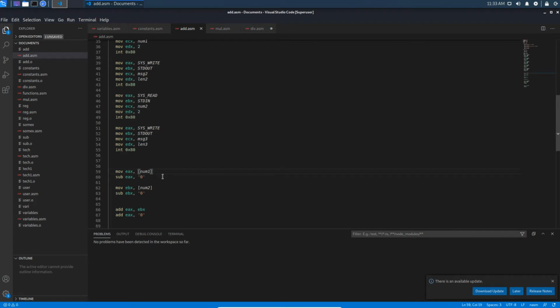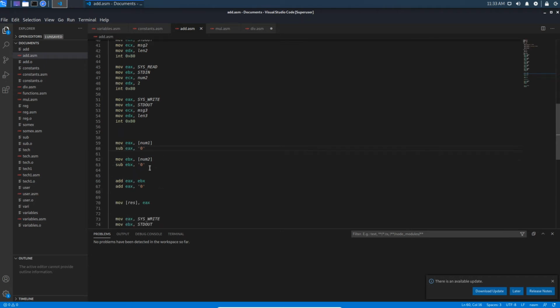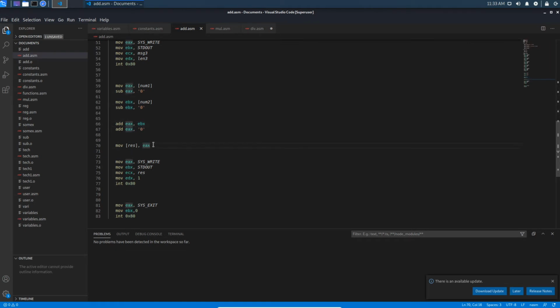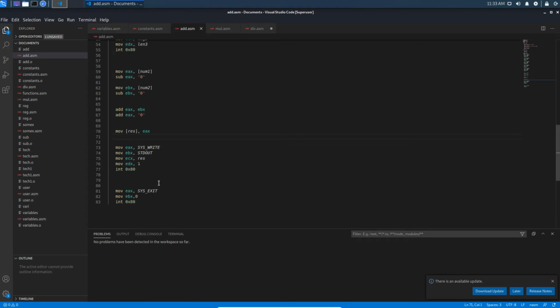As you know, every character or special character is stored as ASCII. To convert to binary, we must subtract the character '0'. After subtracting, I added the EAX and EBX contents, converted the result back to ASCII, moved the contents of the EAX register to result, and printed the result.